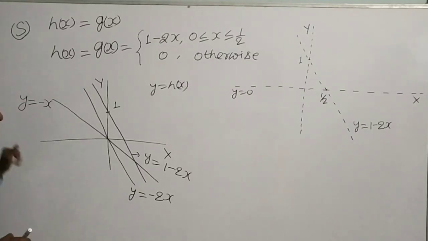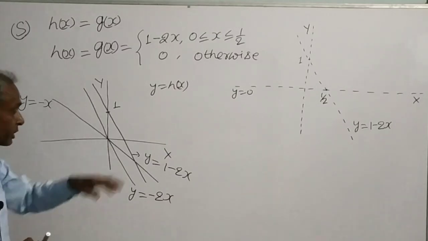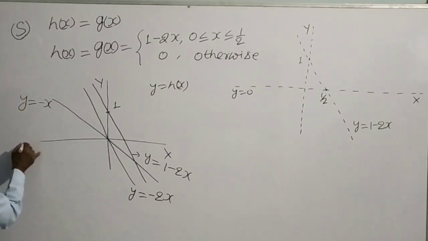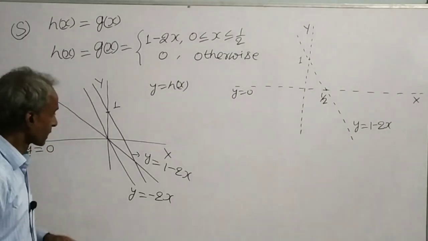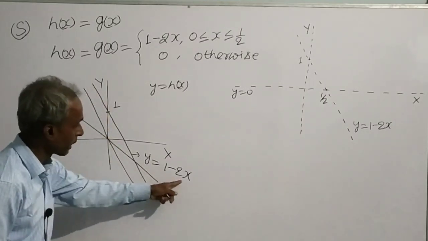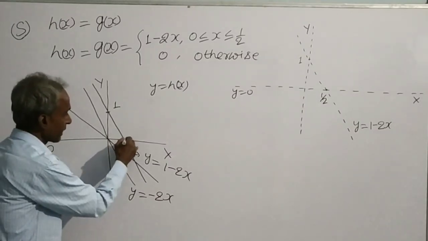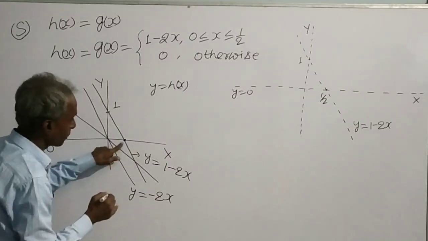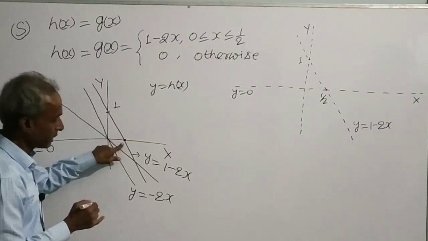The y coordinate of each point on the x-axis is 0. Therefore, this x-axis is the line y is equal to 0. This line y is equal to 1 minus 2x intersects the x-axis at this point, and the y coordinate of this point will be 0.